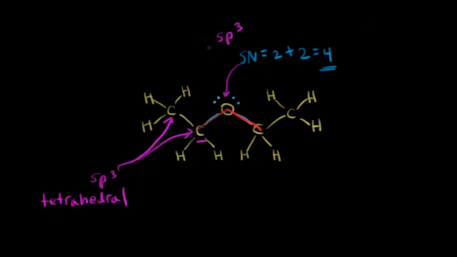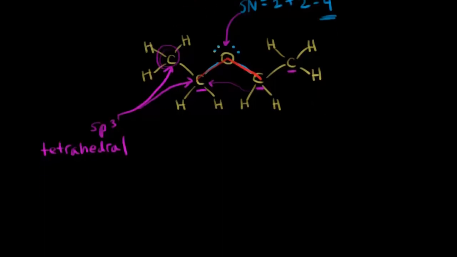So even though that oxygen is sp3 hybridized, its geometry is not tetrahedral. The geometry of that oxygen is bent or angular. All right, and because of symmetry, this carbon right here is the same as this carbon, so it's also sp3 hybridized, and then this carbon over here is the same as this carbon, so it's also sp3 hybridized. So symmetry made our lives easy on this one.